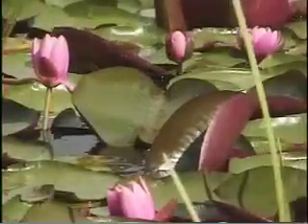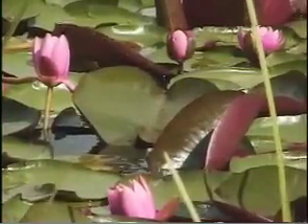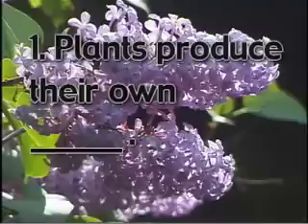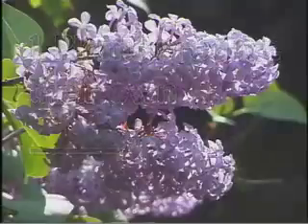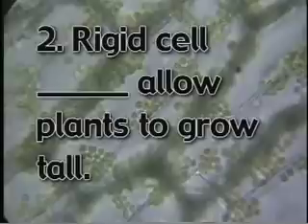Fill in the correct word to complete the sentence. Good luck, and let's get started. Number 1. Plants produce their own. Number 2. Rigid cell allow plants to grow tall.